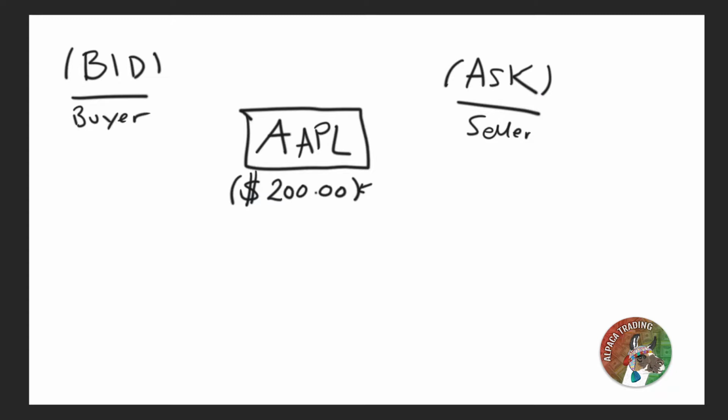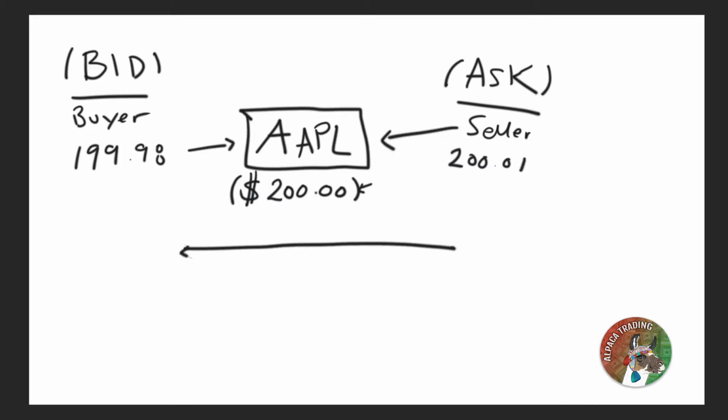So the bid is how much a buyer is willing to pay for one share of Apple versus how much a seller is willing to sell one of their shares of Apple, right? Now the difference between the ask and the bid, or the bid and the ask, in this case is what? 3 cents, right? So that 3 cent difference is called the spread.